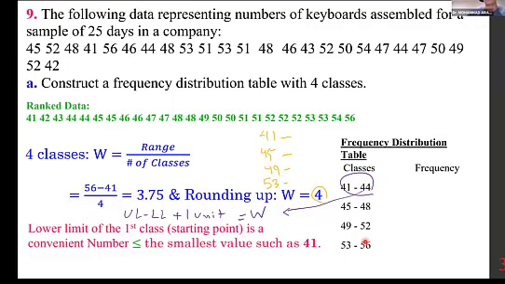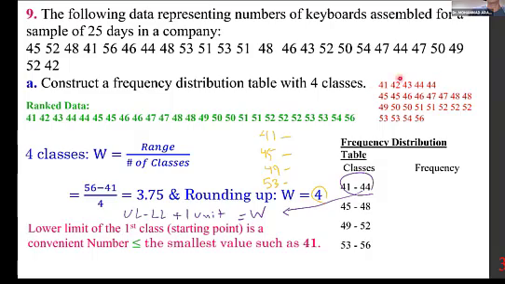So what about the frequency? You really have to go and figure it out here. 41, this is all the way to 44. So 1, 2, 3, 4, 5. For example, right here, you would put 5. That's why ranking it is truly a must, and it's helpful. One easy way is to just write those numbers, 41 to 44 counted, 45 to 48, and now you can fill up the table.